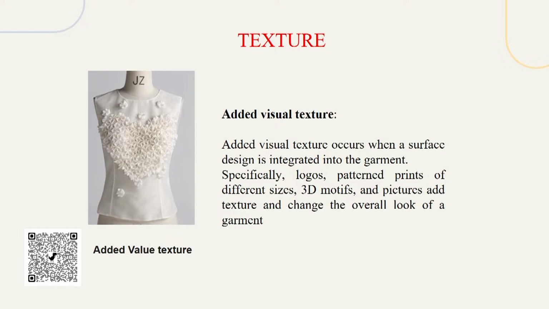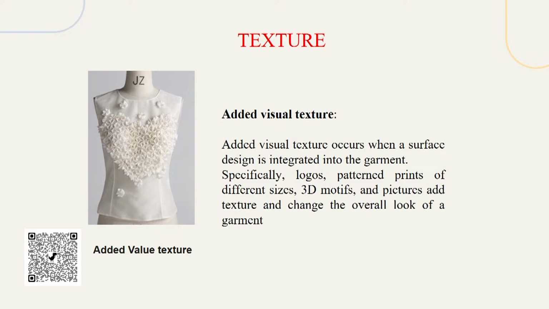These textures can also be stitched on the garment after the garment has been made. For example, you can put patch pockets. In children's wear, you will notice Mickey Mouse pockets or heart-shaped pockets. These are also providing an added visual effect.